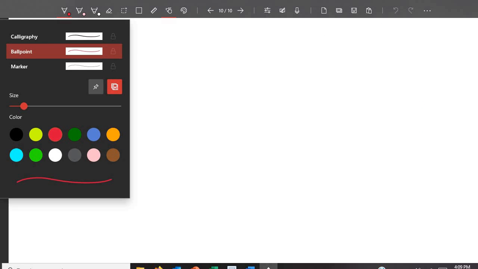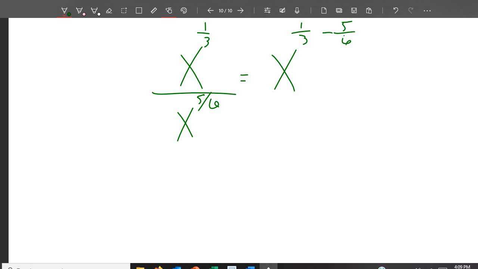Now suppose I had this. Let's just say I was doing a fraction. Let's say I had x to the 1/3 over x to the 5/6 power. Going to be subtracting. Now let's just find the common denominator doing what I did earlier.